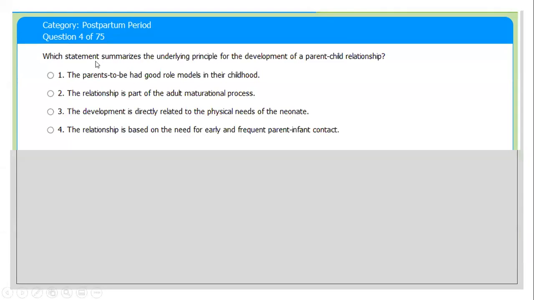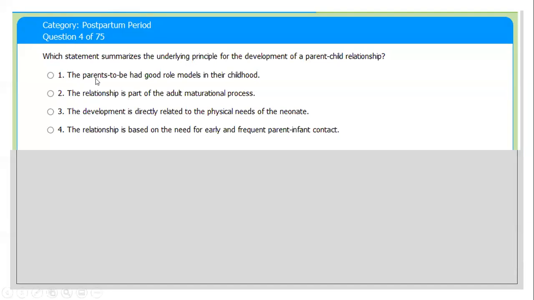Question: which statement summarizes the underlying principle for the development of a parent-child relationship? So, the underlying principle for the development of the relationship between the child and the parents.